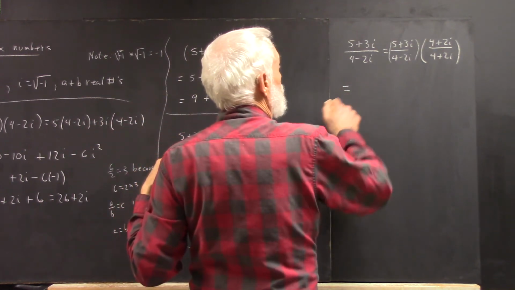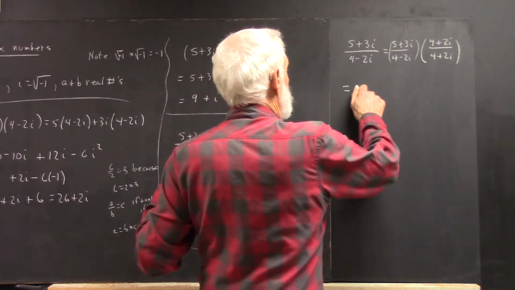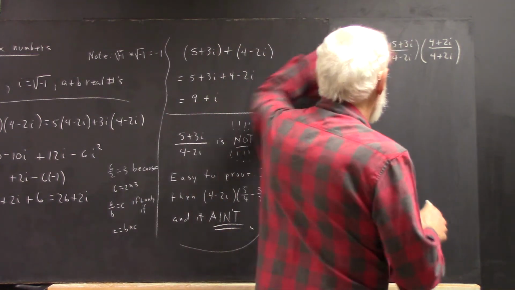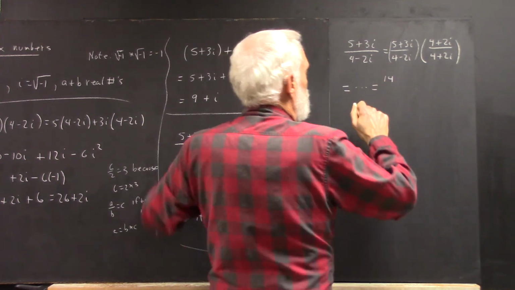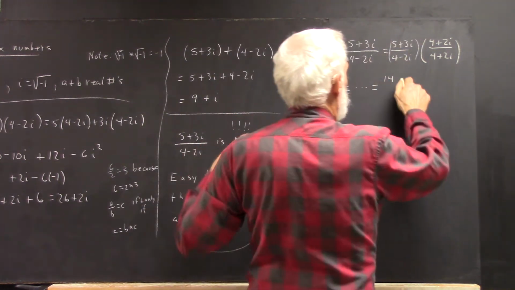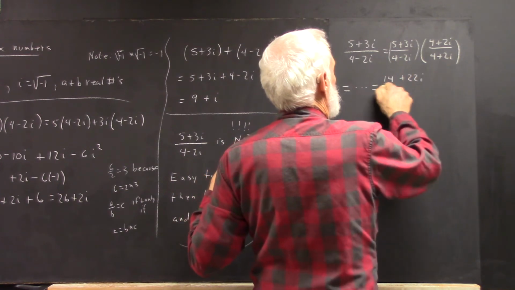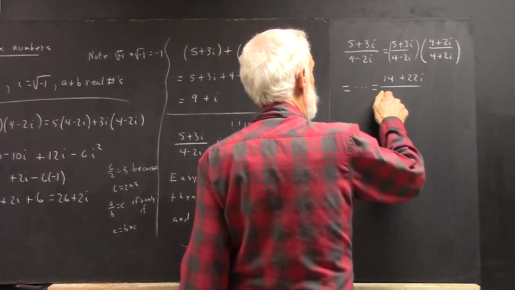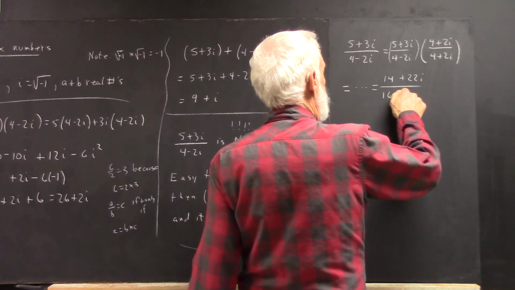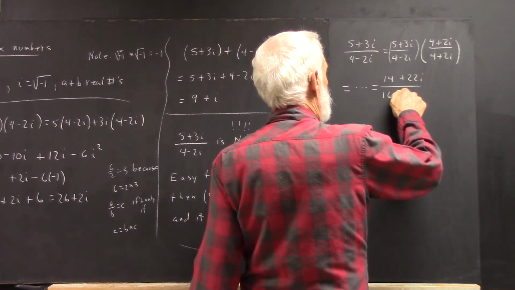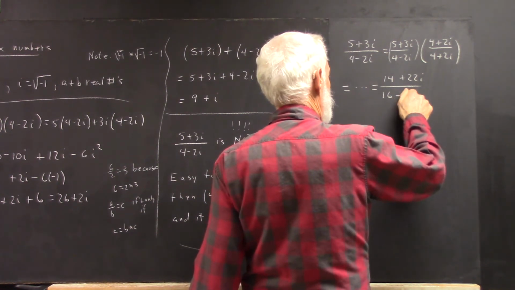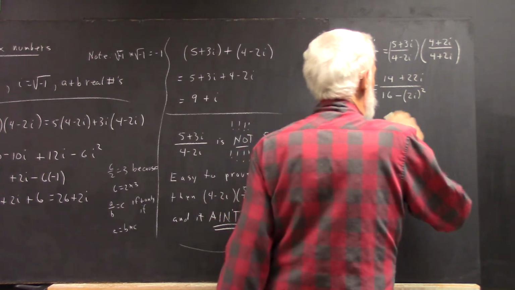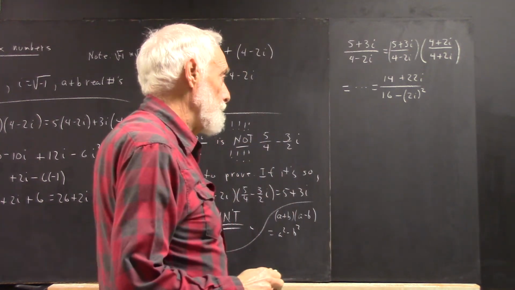So we do this. What this is going to equal is, and I'm just going to put some dotted lines here, you do the arithmetic, and you get 20 from this, and you get -6 from this, that's 14, and then you get 12i and 10i, which is 22i. And 4 minus 2i times 4 plus 2i is 16 minus the quantity 2i squared.